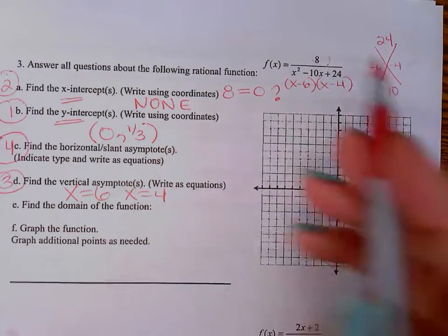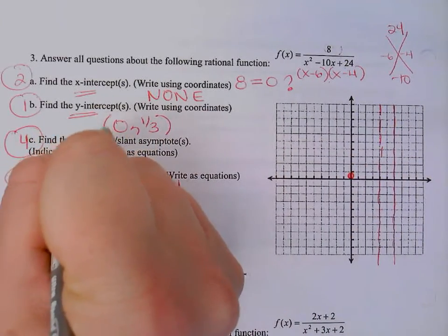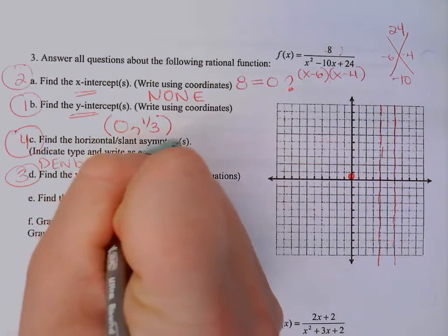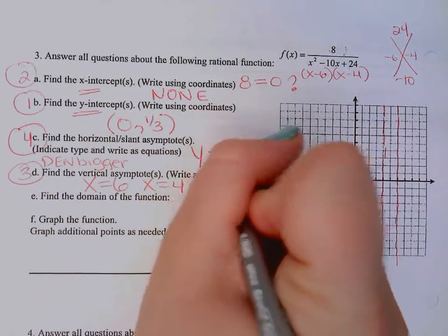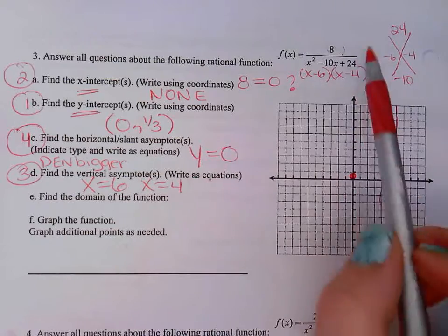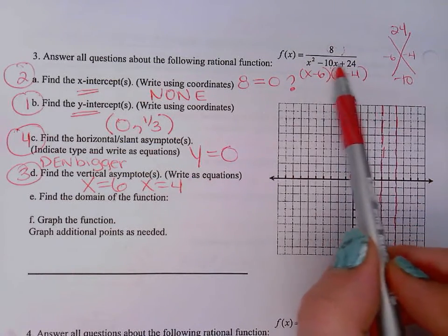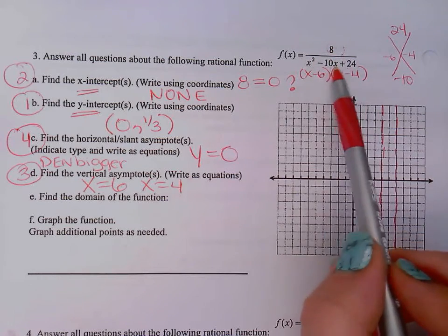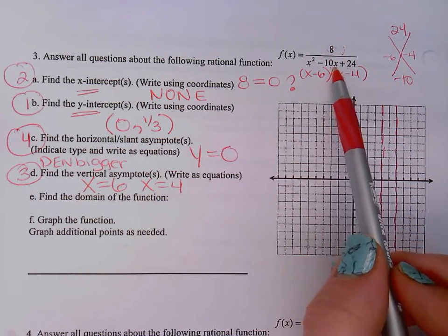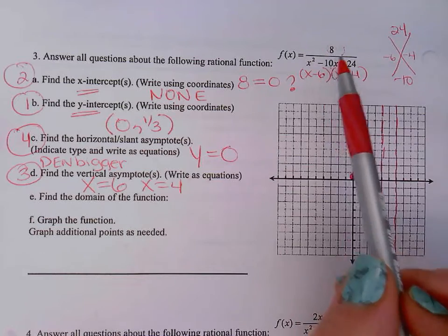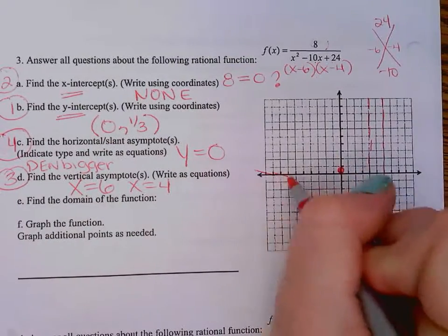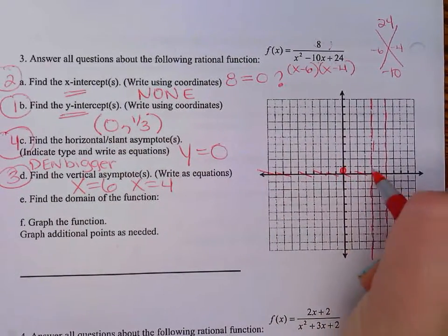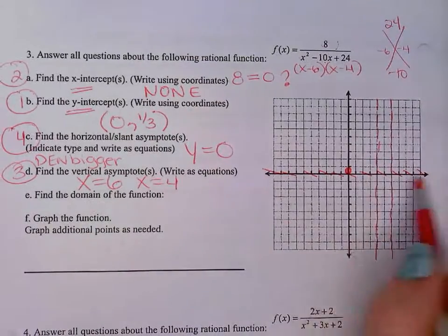If the denominator is a bigger power, the asymptote is always y equals 0, because when I plug in a really big number down here, like 100, and I square it, 8 divided by a really big number is going to be a small number, like 0.000001. So I have an asymptote at y equals 0, which is probably why I had no x-intercept.